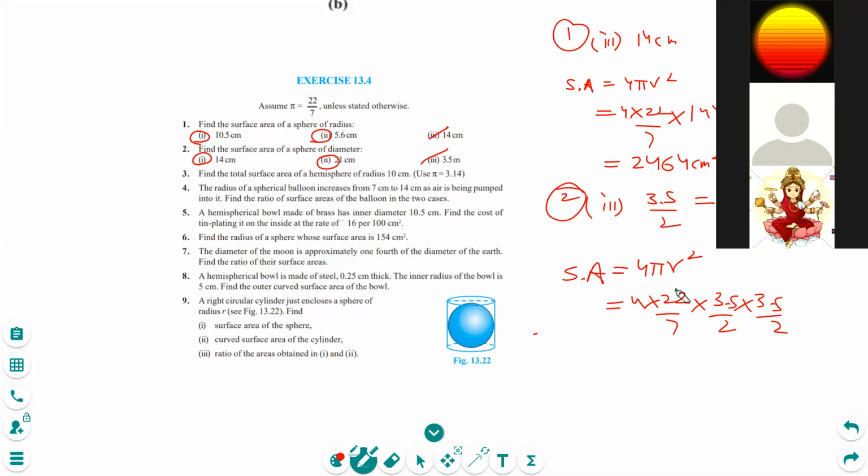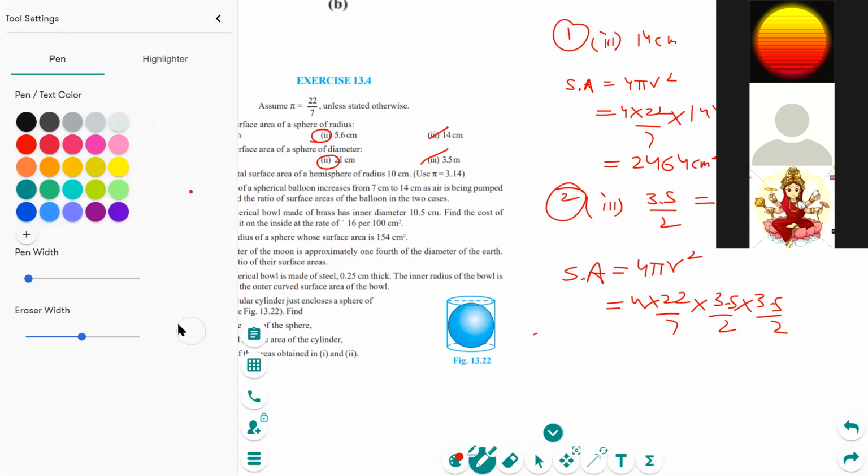Isn't that too long? You're taking too long, children. Bhaiya, 38.5.